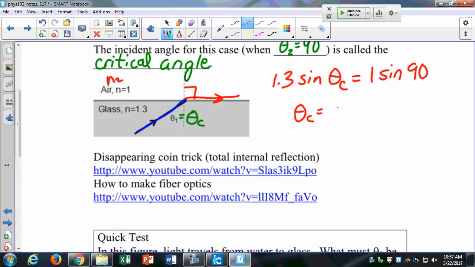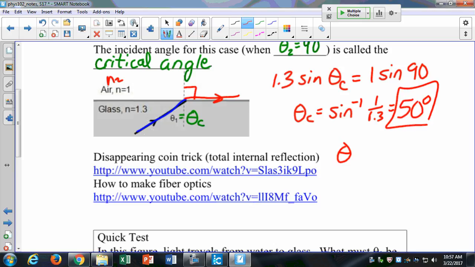Theta c is going to be the inverse sine of 1 over 1.3, which is 50 degrees, I guess. So that is my critical angle.